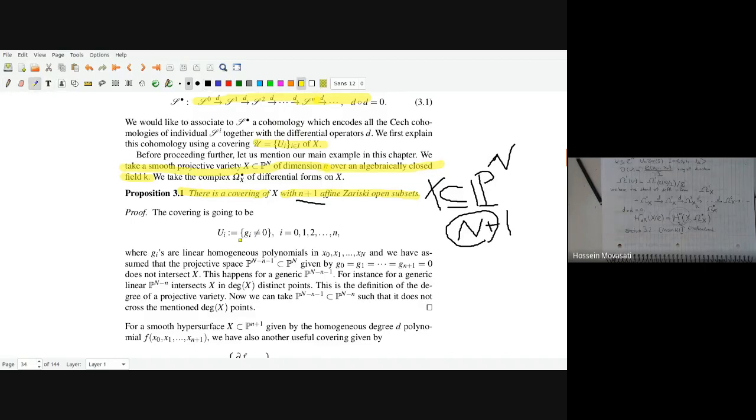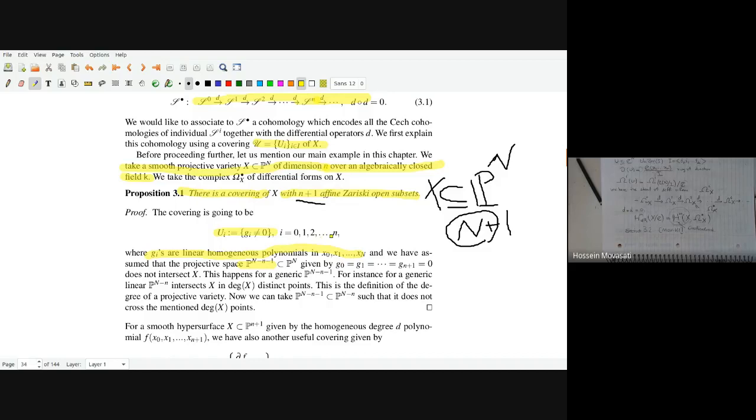What is the proof? The covering is going to be given by G_i not equal to 0. What are the G_i? They are linear equations in the coordinates, degree 1 polynomials, and G_i equal to 0 will give me a P^(N-n-1).